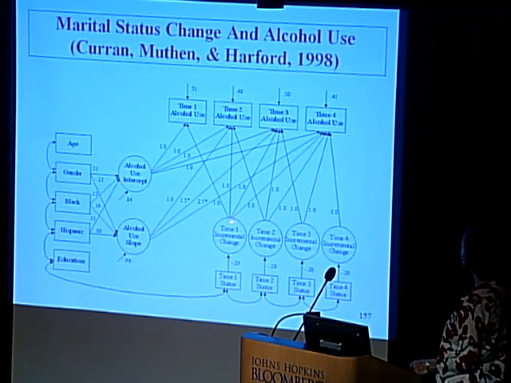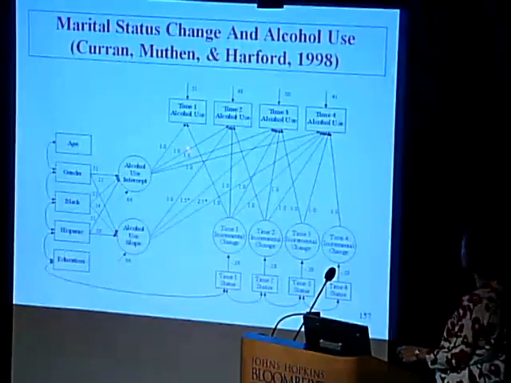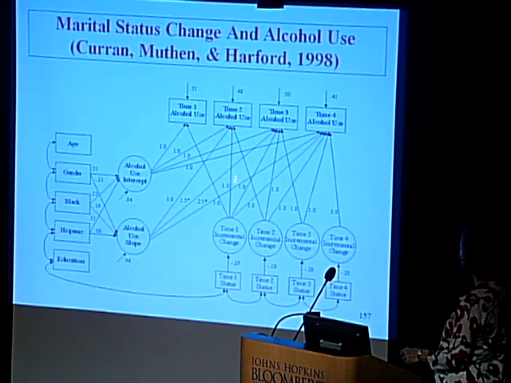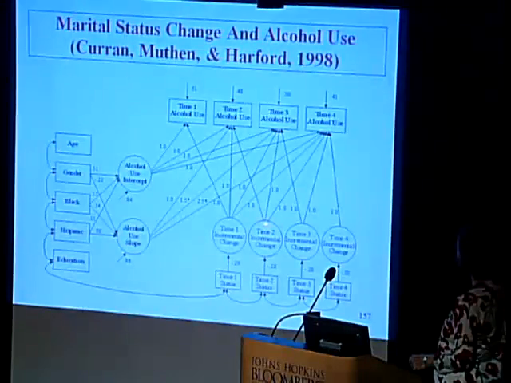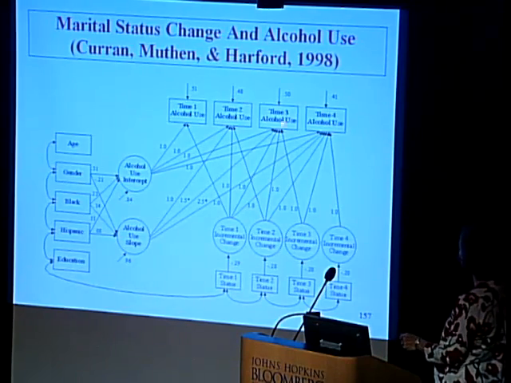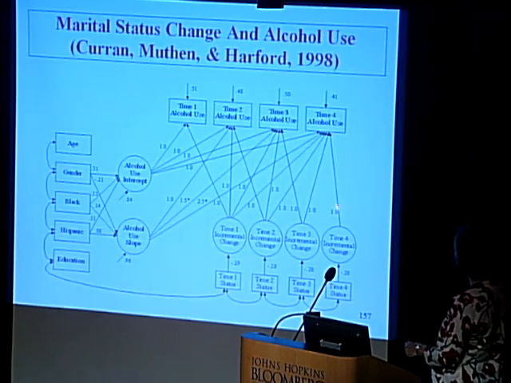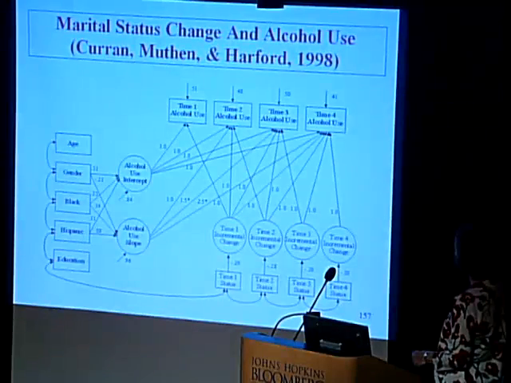We see that the circles are pointing to, let's see what the first one points to. It points to time 1, time 2, time 3, and time 4. The second one points to time 2, time 3, and time 4. The third one to time 3 and to time 4. And the fourth one only to time 4.